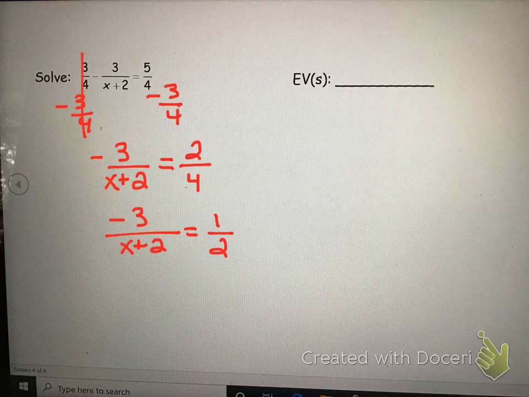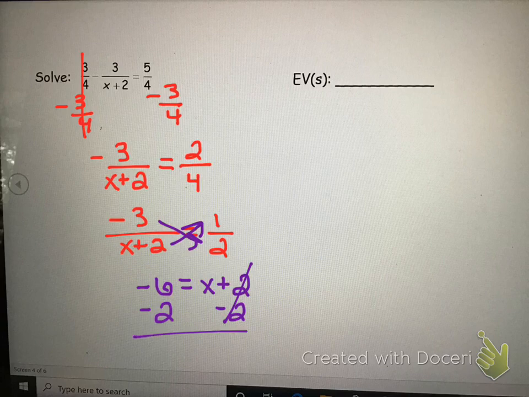So what I can do now is I can cross multiply. Now that it is a proportion, I cross multiply, and I get negative 6 on one side, and I get x plus 2 on the other side. So now all I have to do to solve it is subtract 2. And so I get x is negative 8.